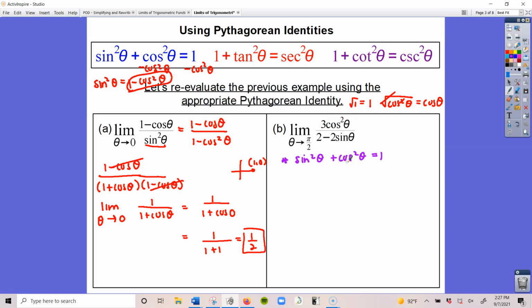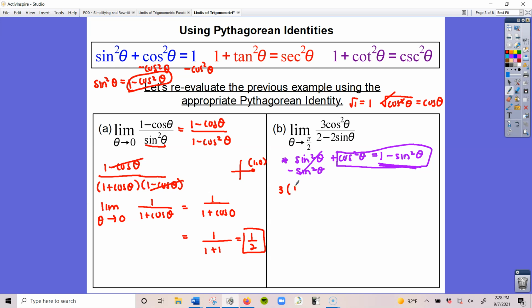So I'm going to solve for cosine squared theta here by subtracting sine squared from both sides. This will give me that cosine squared is equal to 1 minus sine squared theta. So I'm going to replace that with this right here.